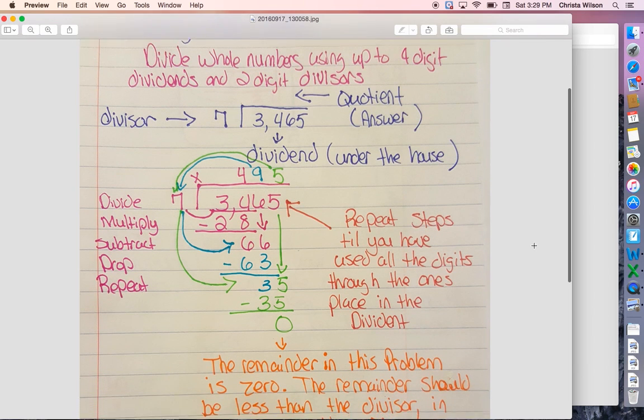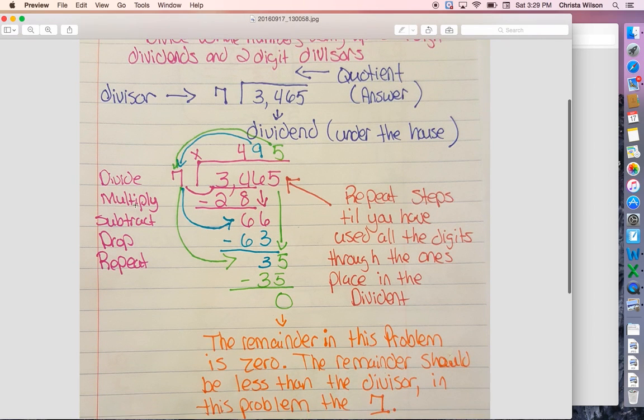The steps for division are divide, multiply, subtract, drop down the number, and then repeat. So in this example, 7 divided into 3,465. You first start with the first numbers here. If 7 won't go into 3, then you look next door. 7 will go into 34.